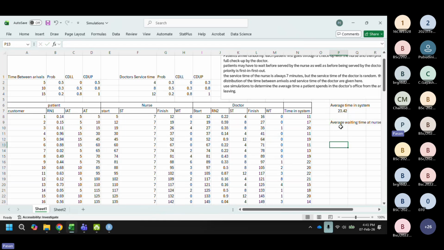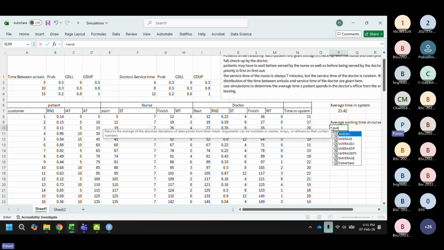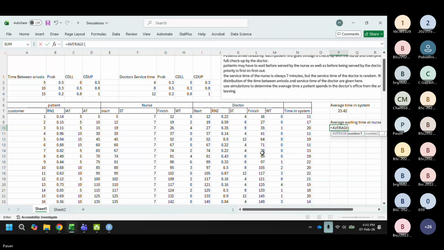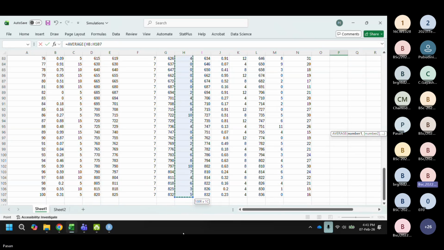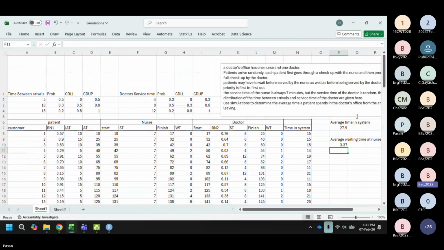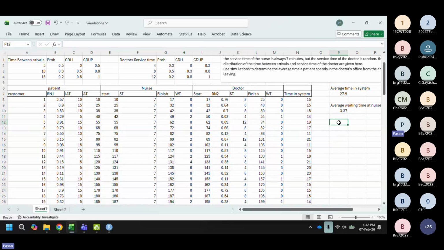So that's one measurement. I can take the average of this one here, and then the one at the doctor, right?